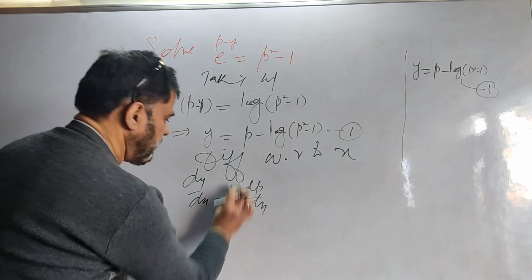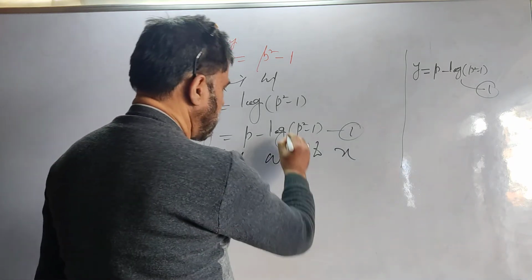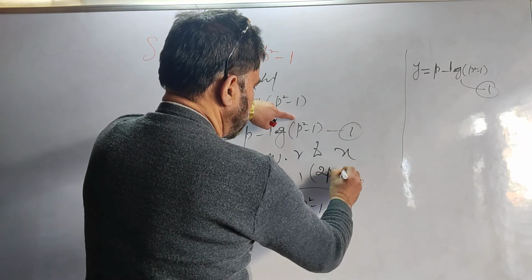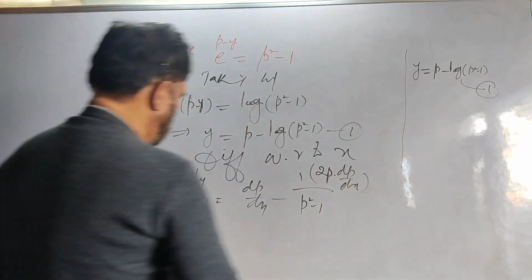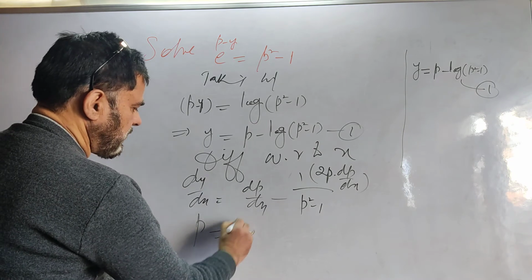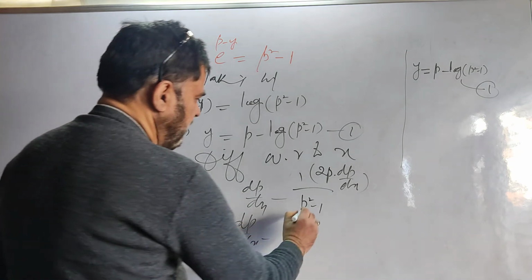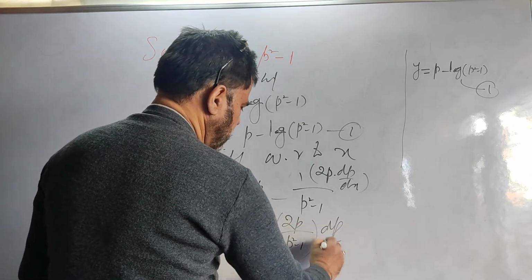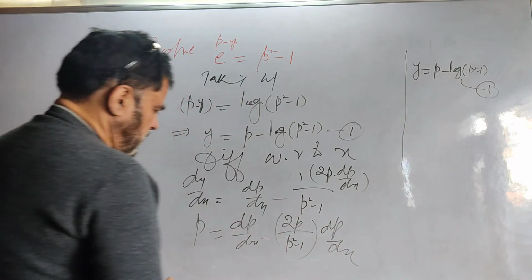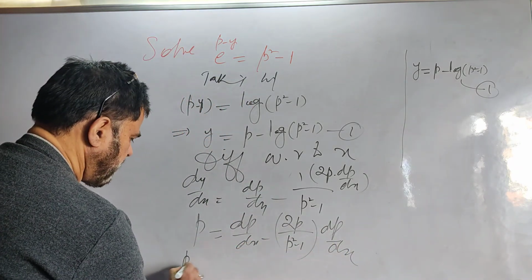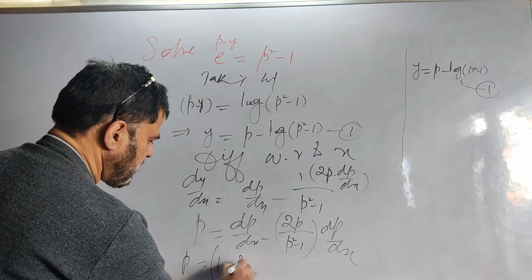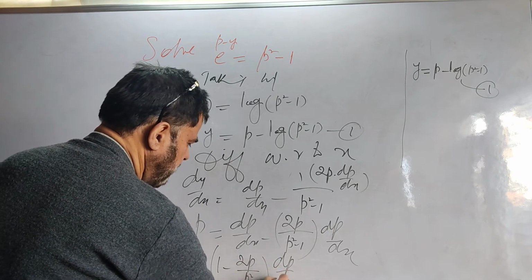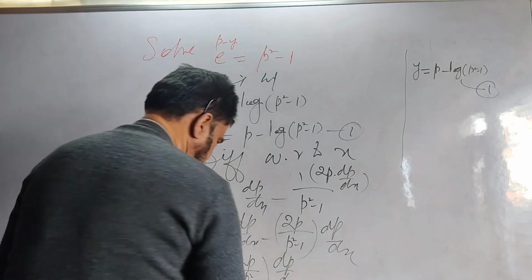Derivative of p will be dp by dx. Then minus log of p square minus 1, its derivative is 1 by p square minus 1 into 2p into dp by dx. Okay, this is p is equal to dp by dx minus 2p by p square minus 1 into dp by dx. You can take p is equal to 1 minus 2p by p square minus 1 into dp by dx.